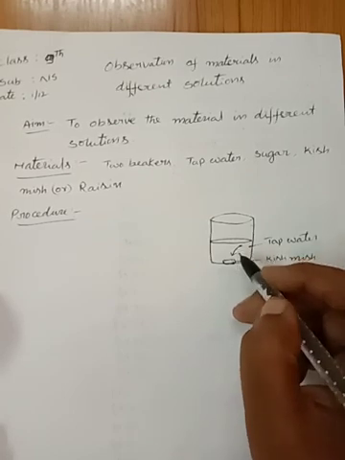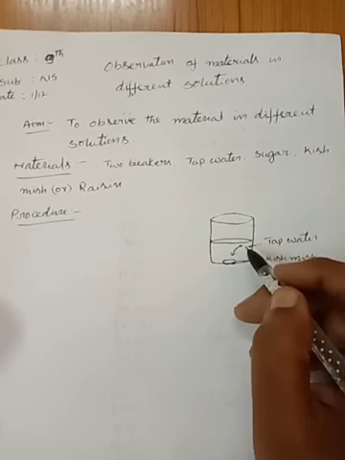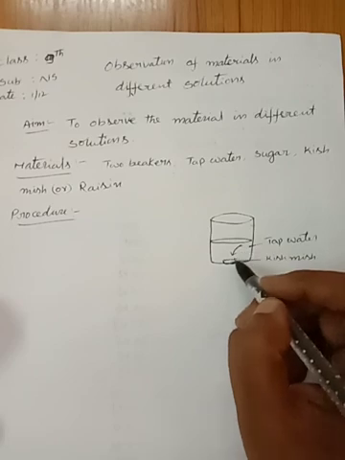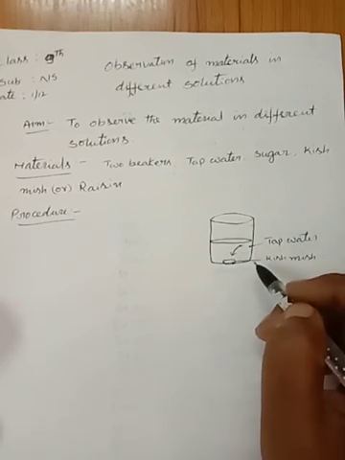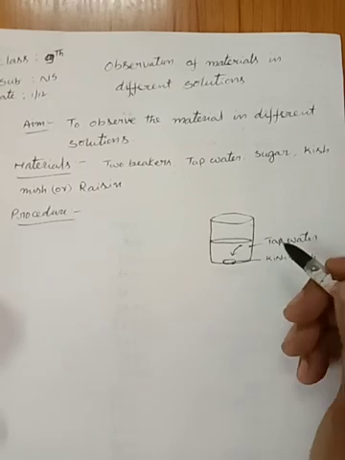The kismis membrane acts as a selectively permeable membrane or plasma membrane. So that's why the raisin or kismis bulges.